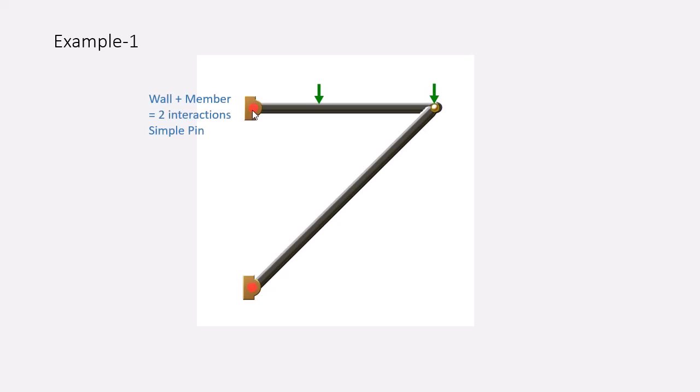At this pin support, we have only two interactions, the wall and the member. At this pin, we have only two interactions, wall and the member. However, this pin is slightly different because we have more than two interactions.